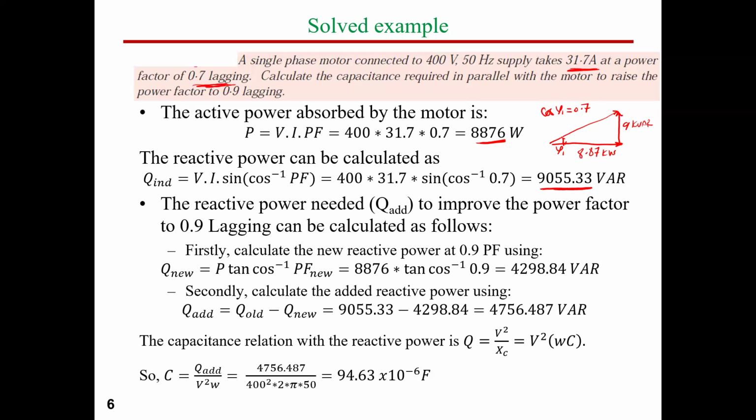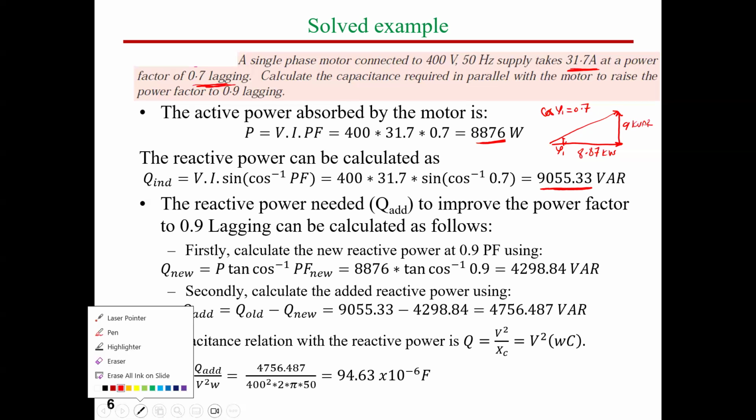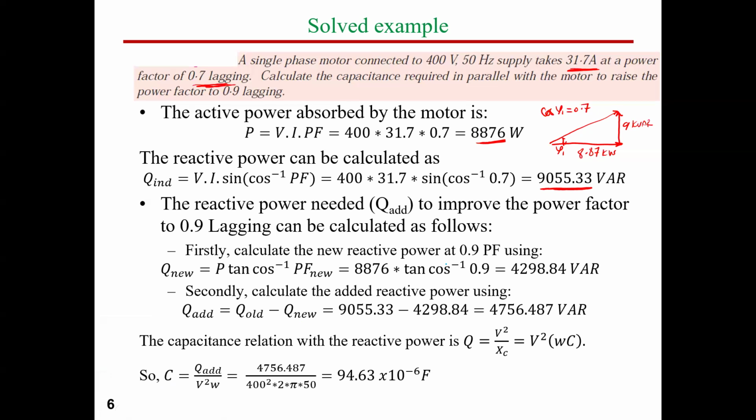For the next case, guys, I'm expecting the angle to be smaller because the power factor has been corrected. Let me change the color of my pen. This is our Q new, and this is the new amount of S, and here is angle phi 2, and cosine phi 2 equals 0.9.